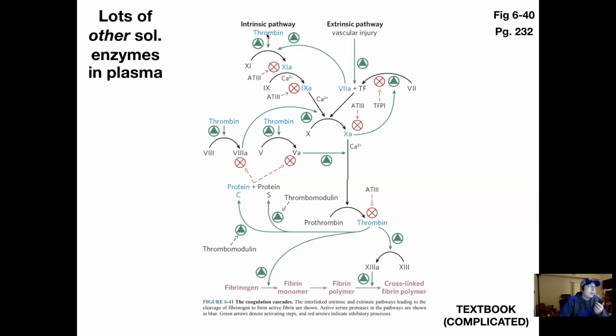And that is why an antithrombin 3 inhibitor can also block these other proteases, the activated forms. Okay. These are a little bit different, and I'll cover on Friday, than AT3.